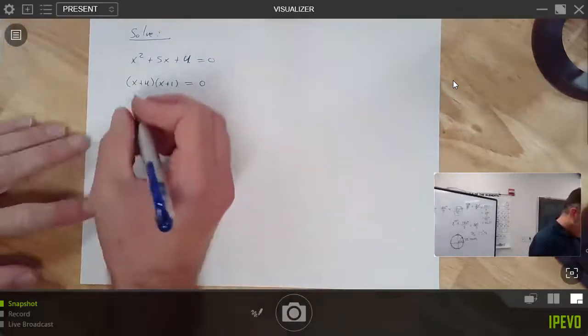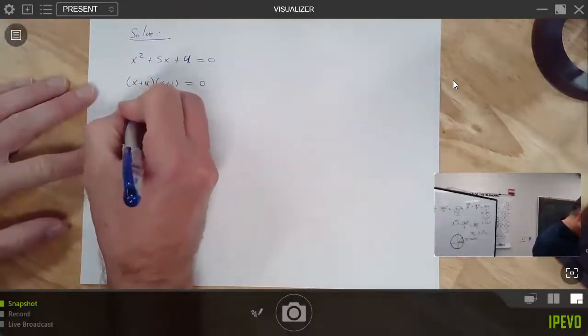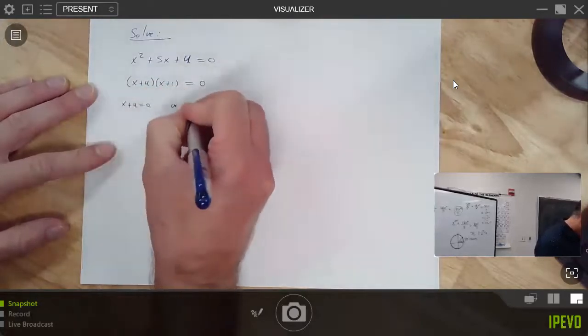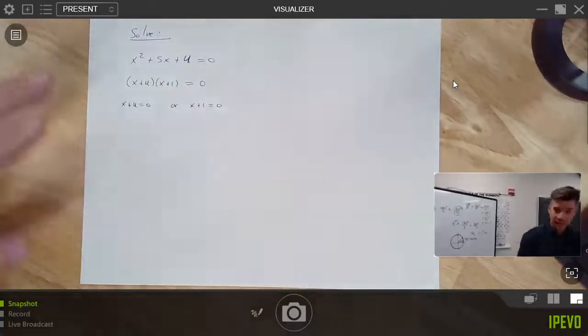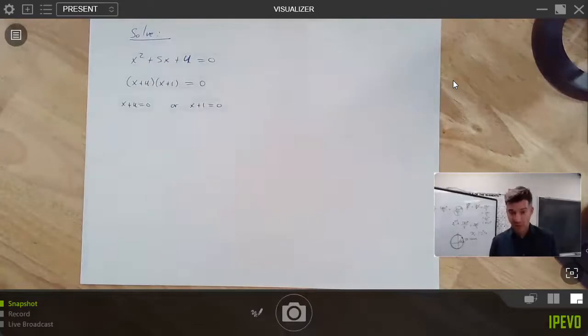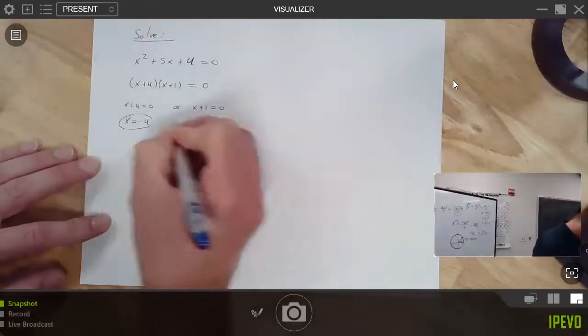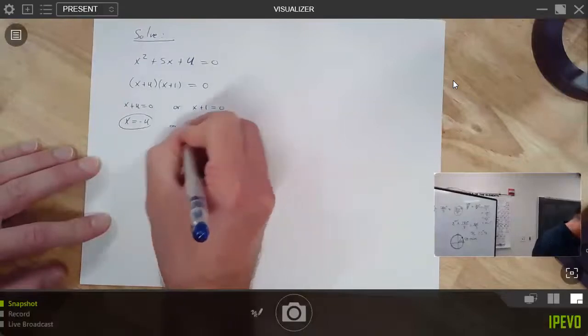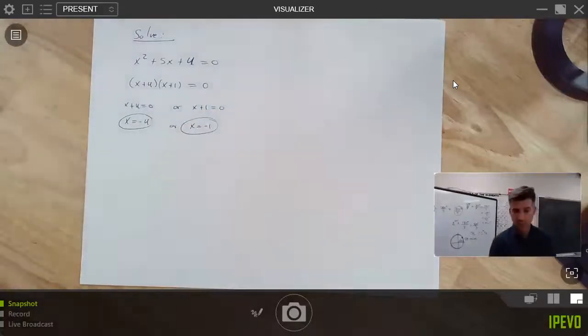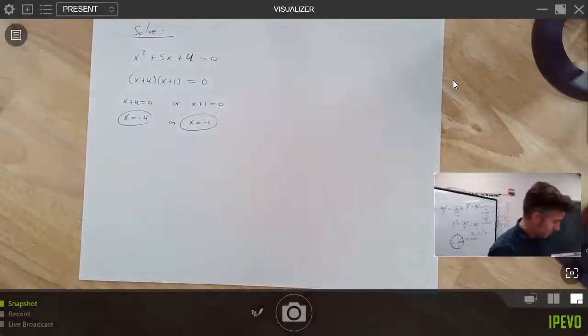And then I don't think you need to show this step, but you certainly can, where we set each factor equal to 0, and then we get x equal to -4 or x equal to -1. Those are the solutions. That's pretty much it.